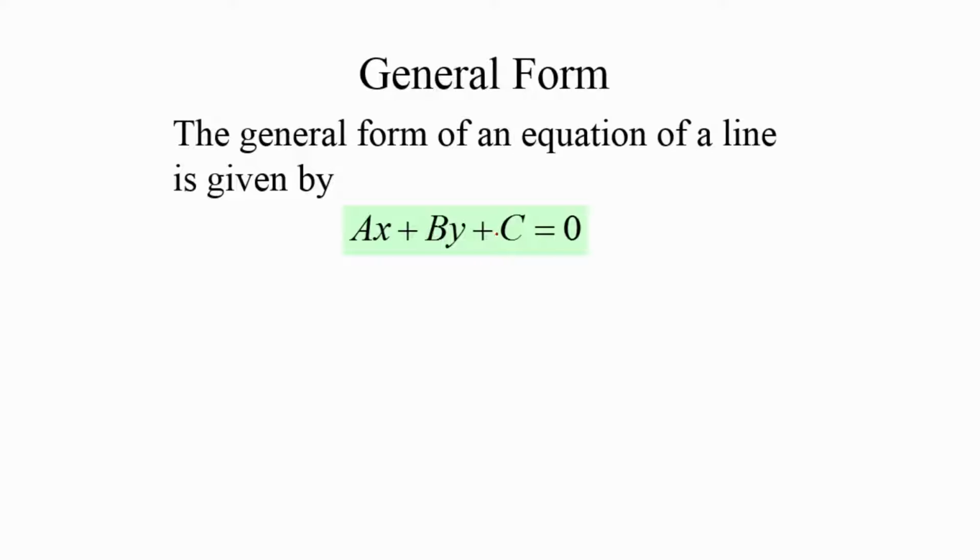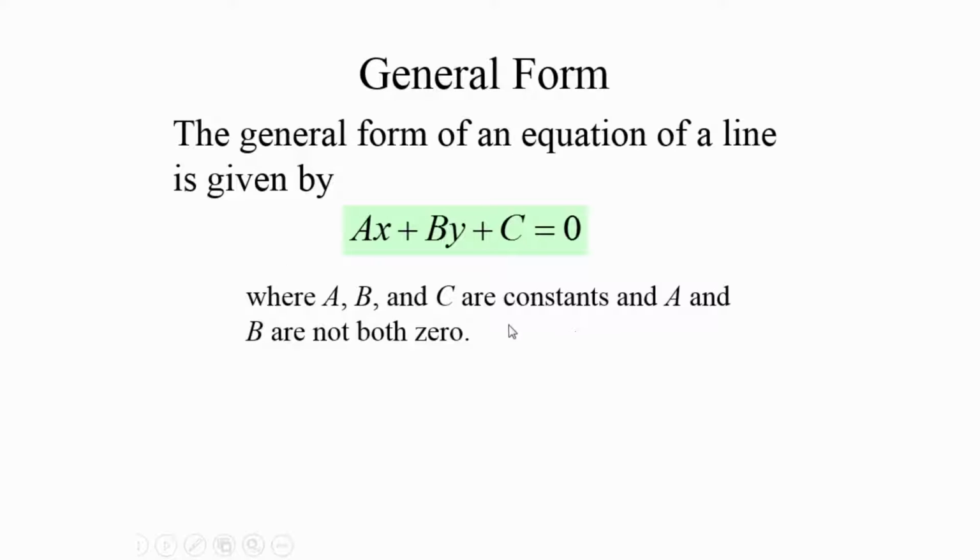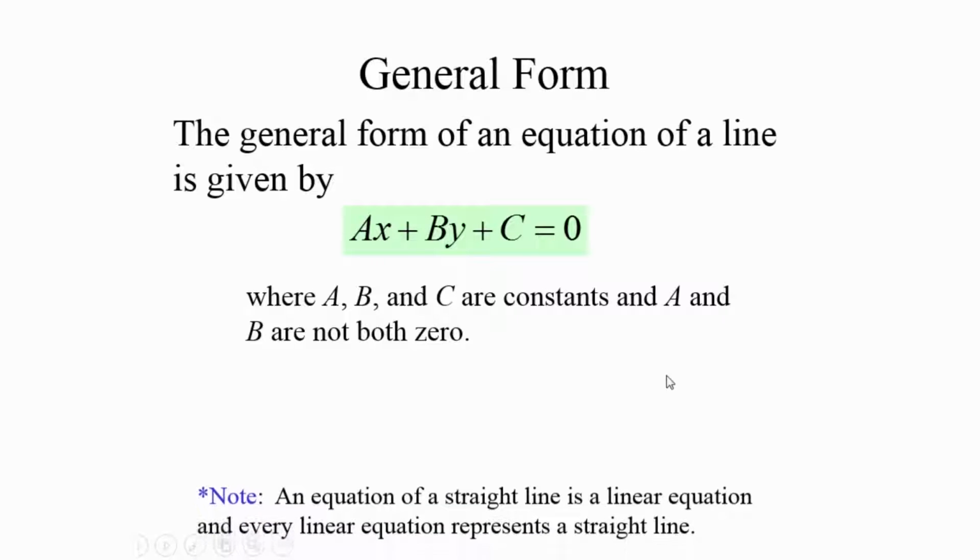A, b, and c are real numbers. They are constant, and a and b cannot both be 0. One of them can be 0. If both of them are 0, that means c is equal to 0, right? So both of them cannot be 0.